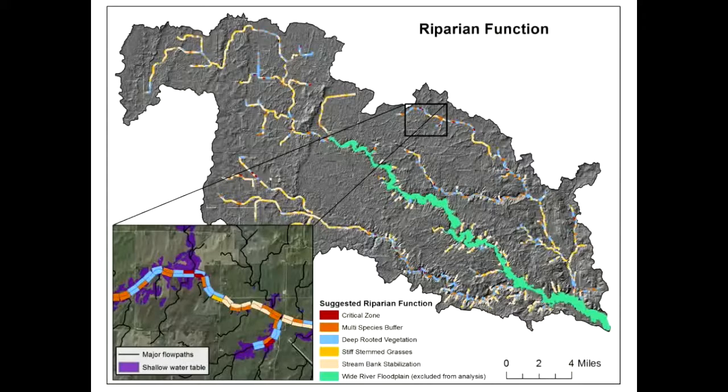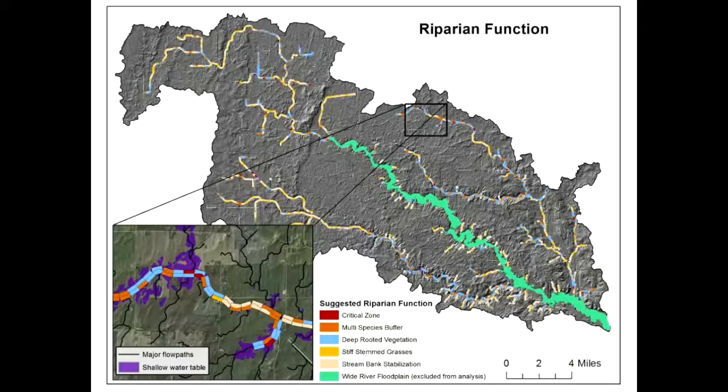You see these essentially critical zones that have a wide zone with a shallow water table, a lot of runoff coming in there, very sensitive area in terms of nutrient management and riparian management in the watershed. Probably among the more difficult areas to farm in this watershed. These are the areas that should have the widest riparian buffers.